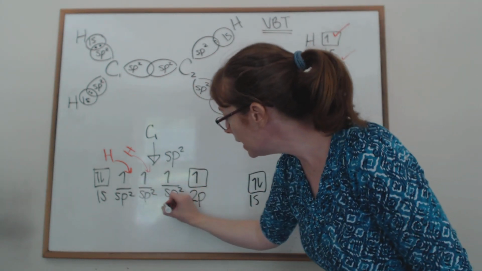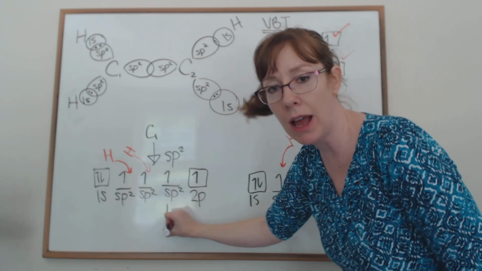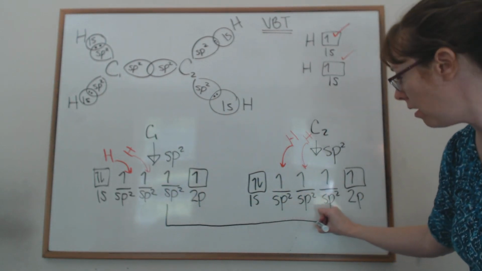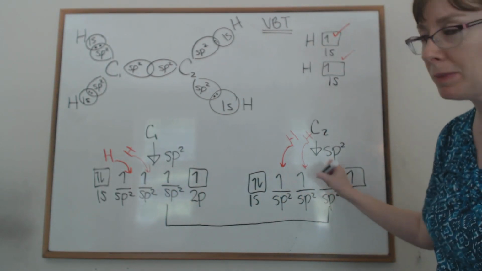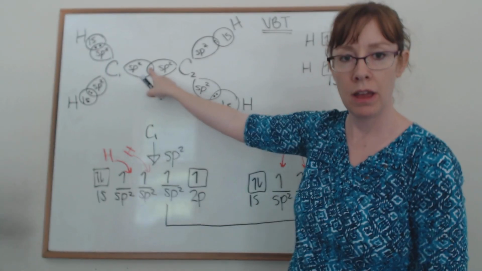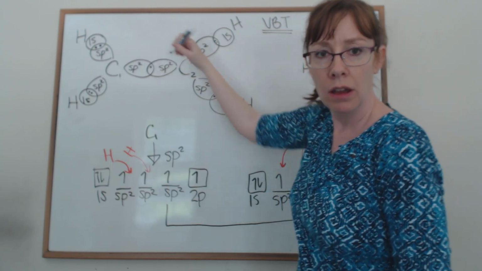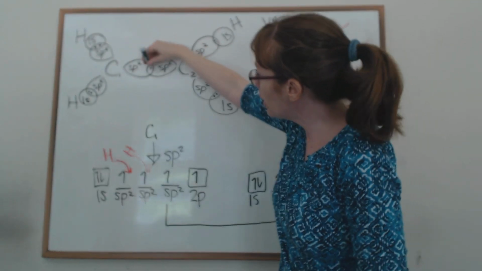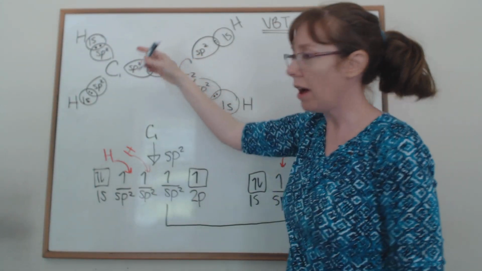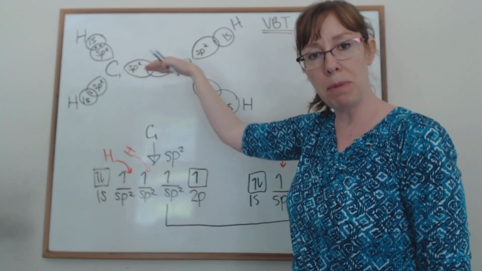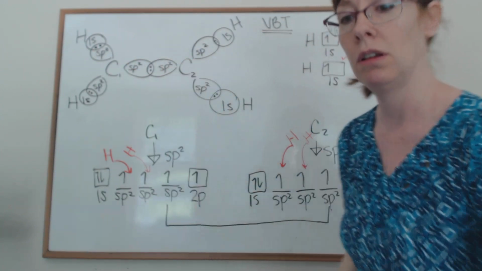Now, look what happens here. Carbon 1's sp2 hybrid will end up overlapping with carbon 2's sp2 hybrid right here. Carbon 1 will contribute an electron. I'm going to make it a dot. Carbon 2 will contribute an electron. I'm going to make it a dot. And voila, you have your first bond between the two carbons.